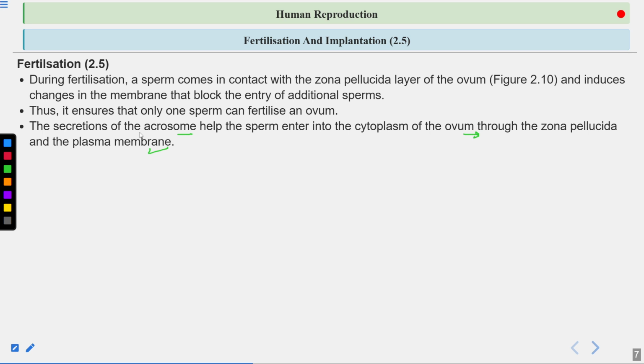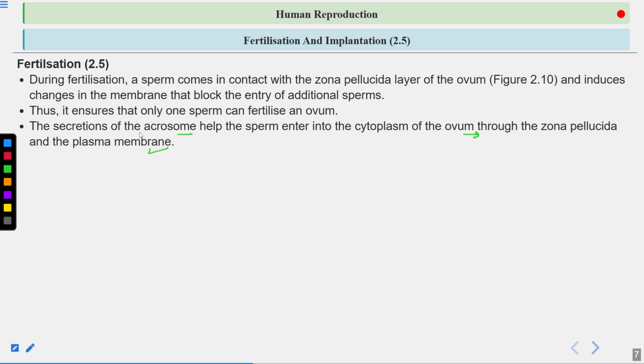These enzymes help in the breakdown of the ovum's membrane and help in fertilization. So the secretions of the acrosome, which are basically enzymes, lead to the breakdown of the zona pellucida as well as the plasma membrane, so that the sperm can reach the cytoplasm of the ovum.